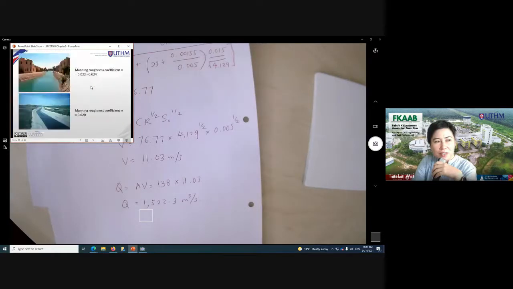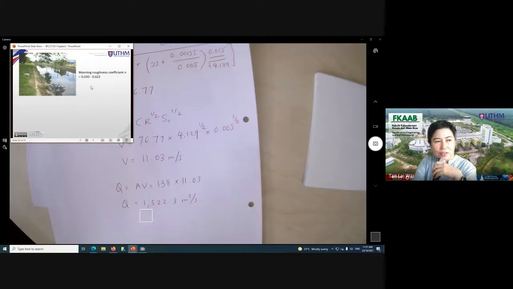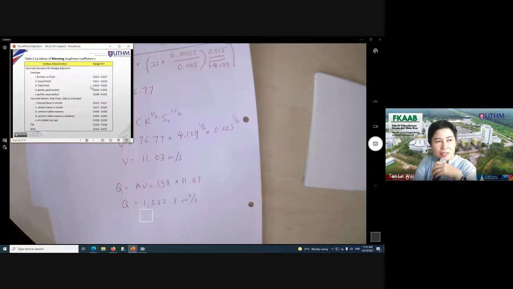Bazin coefficient, you have this. If you look at Kutter's N or Manning's N, the value of 0.015 represents concrete.